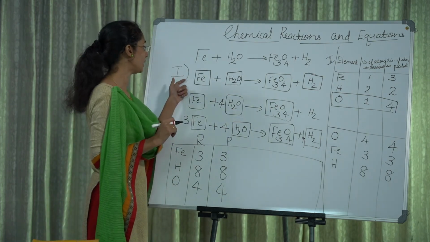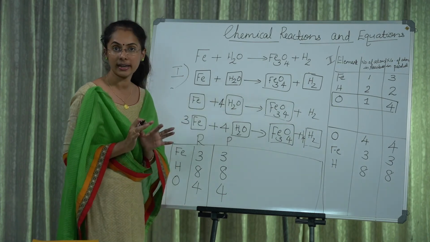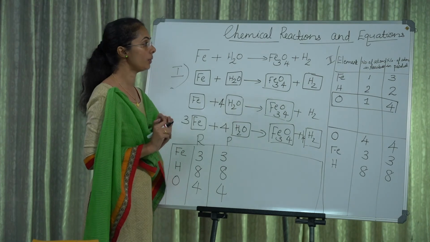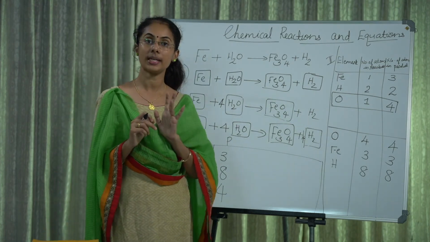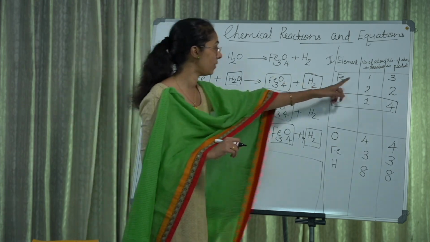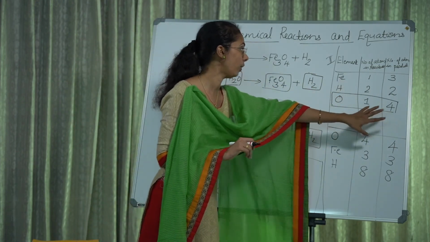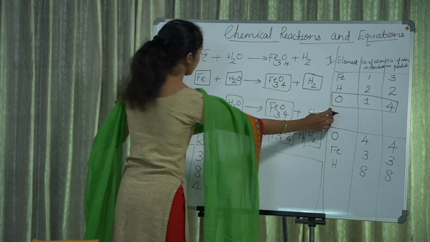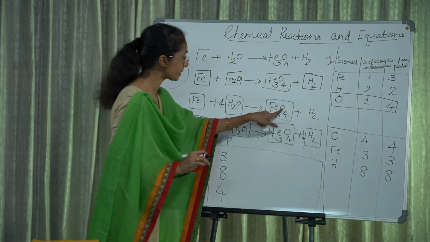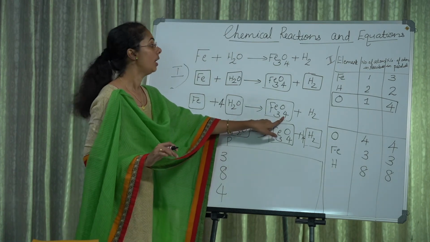Once more, first you write that equation, then draw boxes for each formula, and second step you write the element, number of atoms in reactants and number of atoms in product. In the case of Fe 1, H 2, O 1. So oxygen, first you balance that oxygen, only 4 oxygen atoms on this side of product.